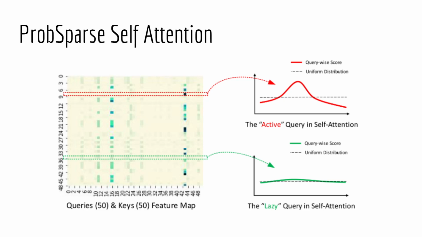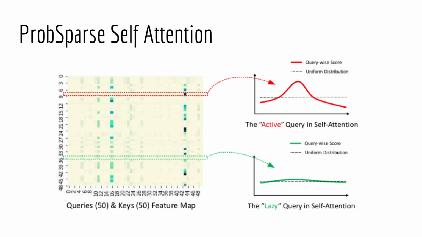The theory behind ProbSparse self-attention is that, looking at the queries by keys feature map, the values of the rows can be related to a uniform distribution. Some of the rows have a lot of variance in their values, whereas others are relatively the same, becoming almost the uniform distribution itself.